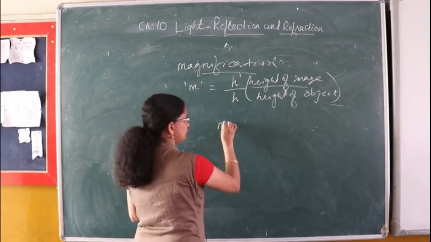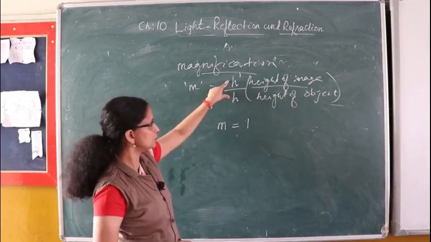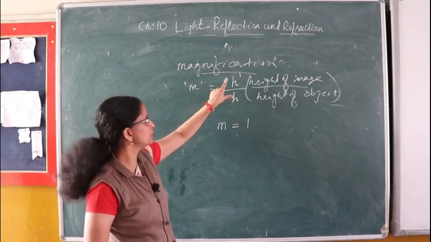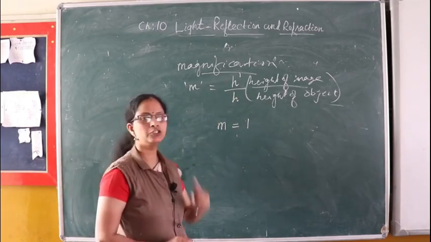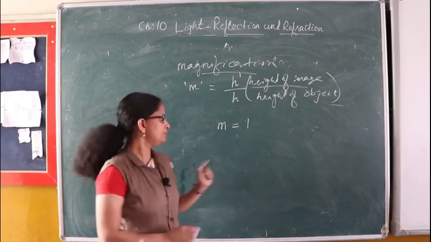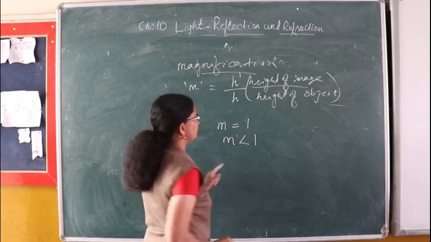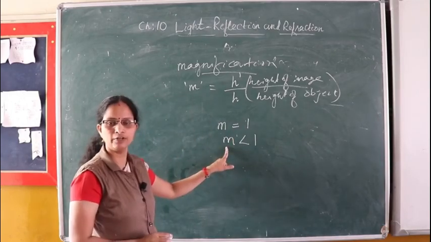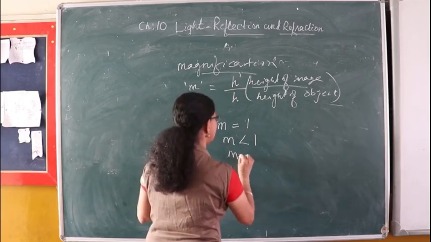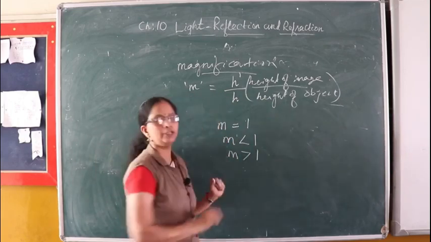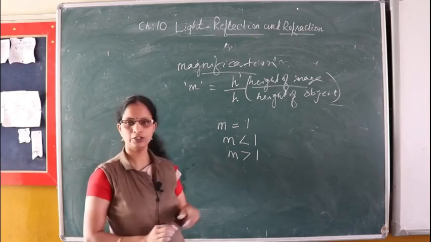If the magnification value is 1, that means h dash and h are of the same size; the height of the image and the height of the object are the same. If magnification M is less than 1, it shows that the image is diminished. And if magnification is greater than 1, it shows that the image is enlarged. So the magnification shows this.